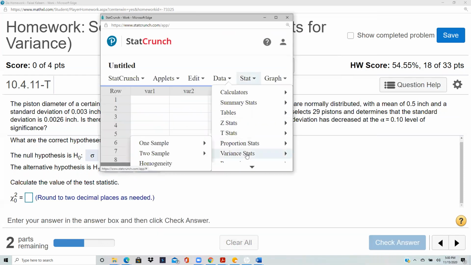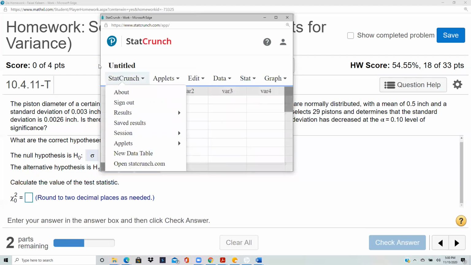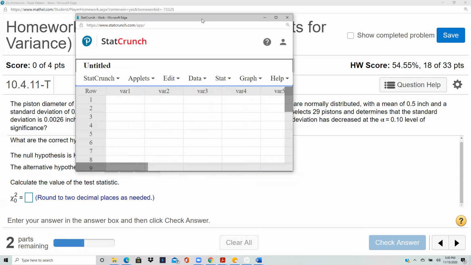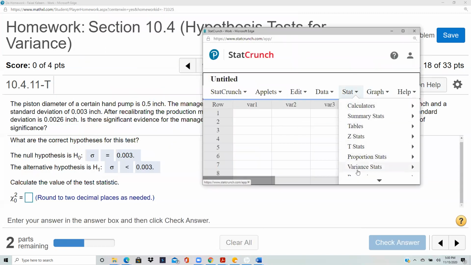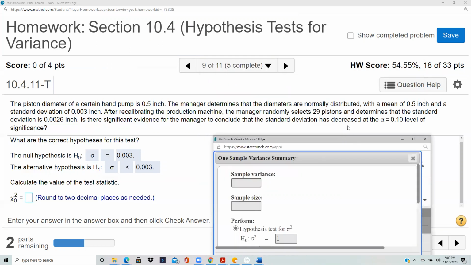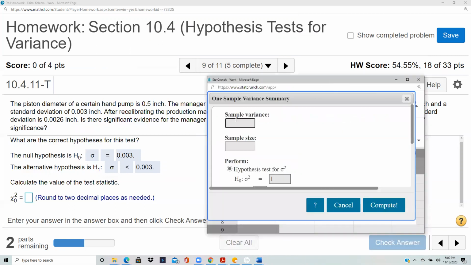Stat, Variance Stats, One Sample, with Summary. So for the sample variance, they give us that for the 29, the standard deviation was 0.0026. So the square of that would be the sample variance.